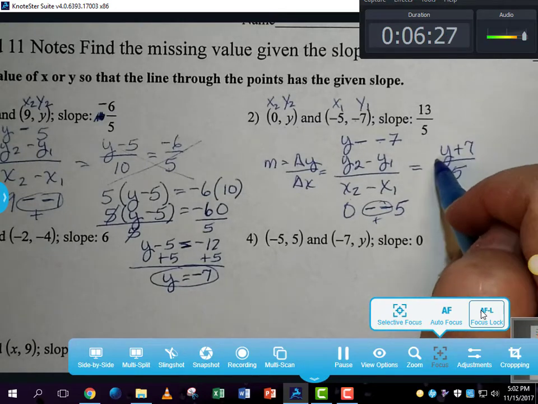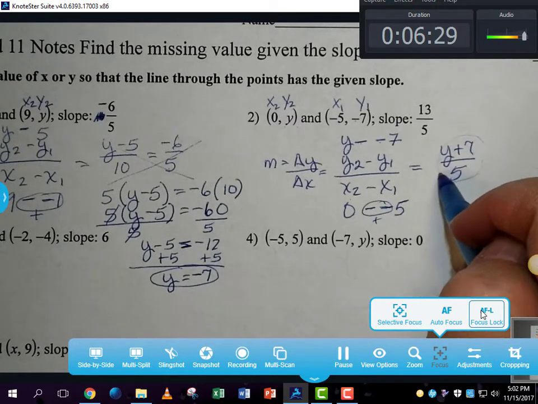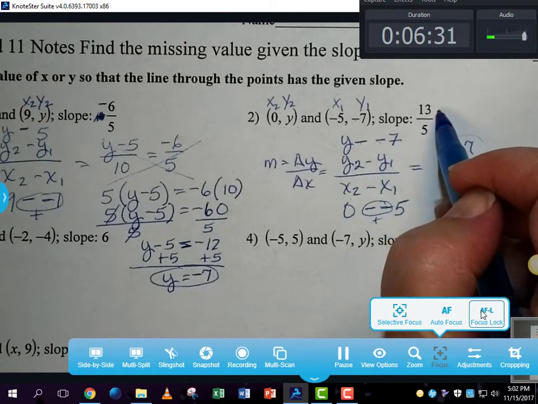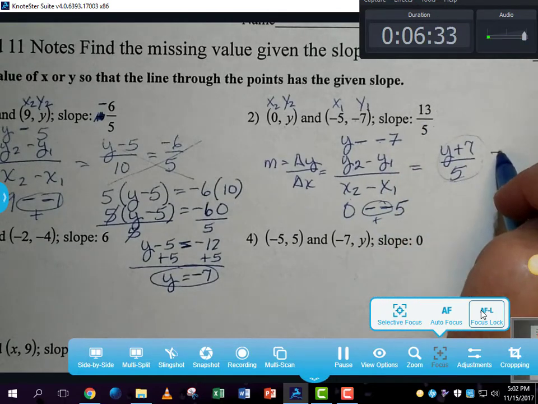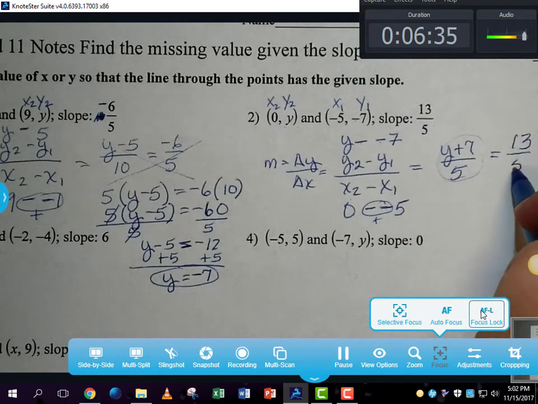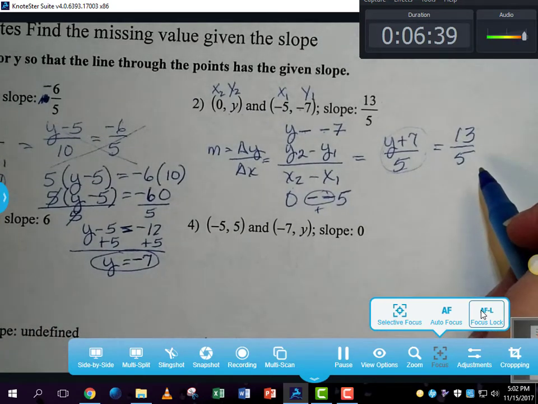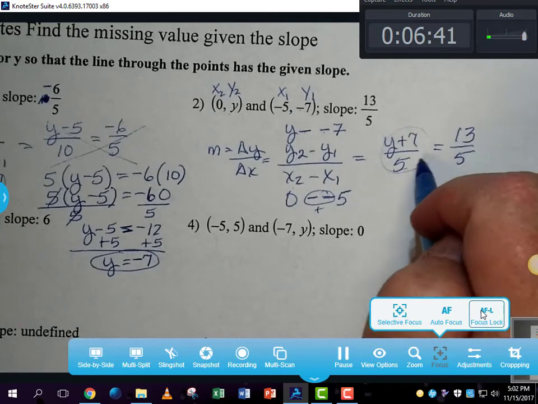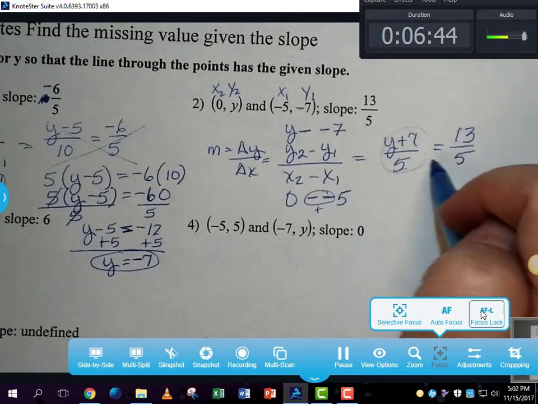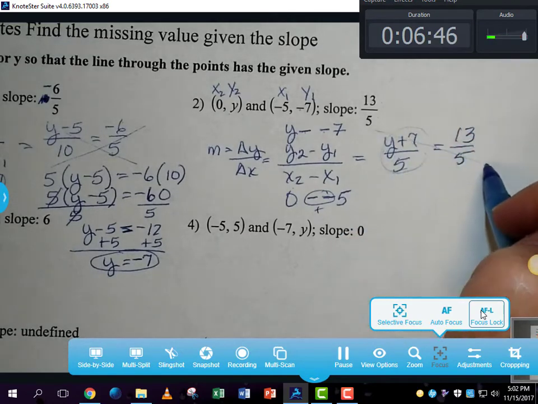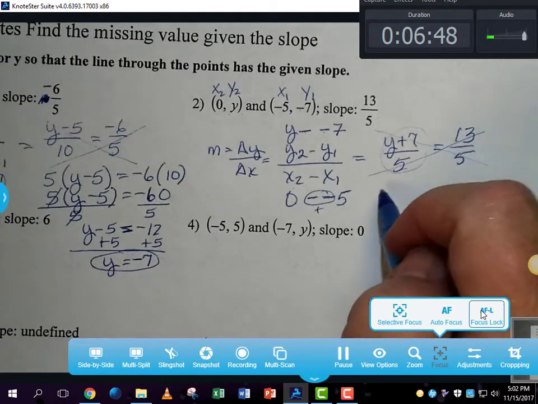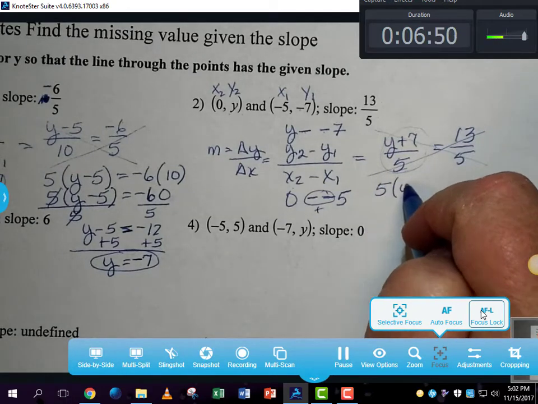And what does this have to be set equal to? Well, this is the slope. So they tell us that the slope is going to be 13/5. So I'm setting it equal to 13/5. Okay? All right. So now there's a couple different ways to do this. You can go through and do cross multiplication because it's proportions.